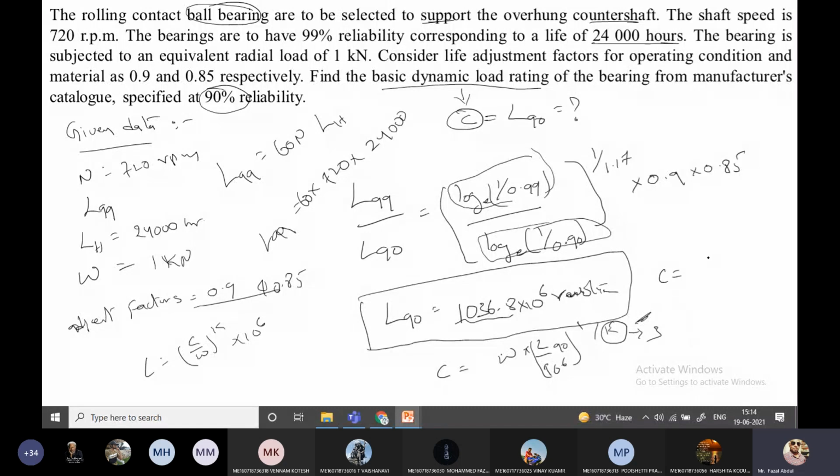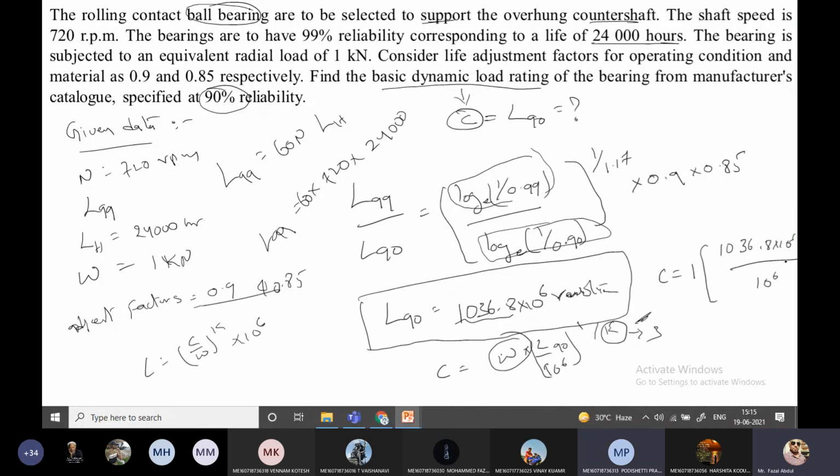So how much is the C value? The W value is given in the question as 1 kilonewton, so I am writing 1. L90 we got as 1036.8 into 10 to the power of 6.